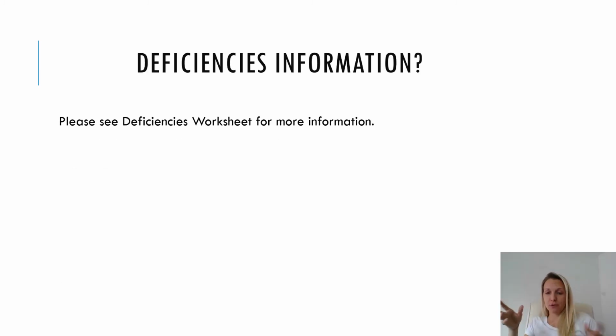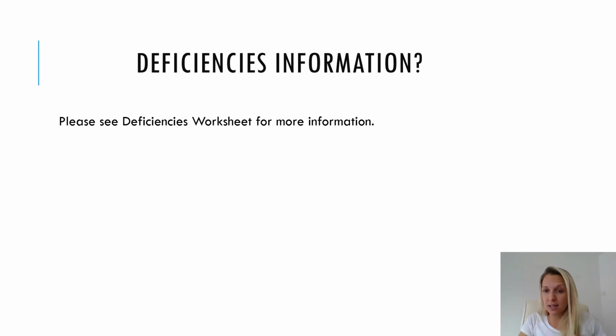Now, I said to you before, I've got a deficiencies worksheet for you. So one of the things you have to fill in on your worksheet is about, well, what happens when we don't have enough of something in your diet. I've given you a worksheet, okay? So open up your deficiencies worksheet. I've taken it from page 480.